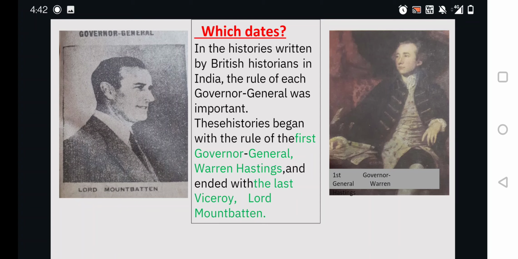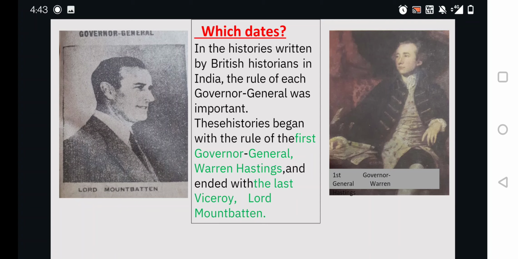Then the first Viceroy after the 1857 revolt was Lord Canning, and the last Governor General was Lord Mountbatten. So these are the facts you should know and note down, and do not get confused about them.